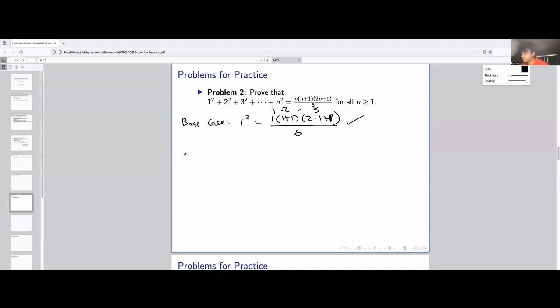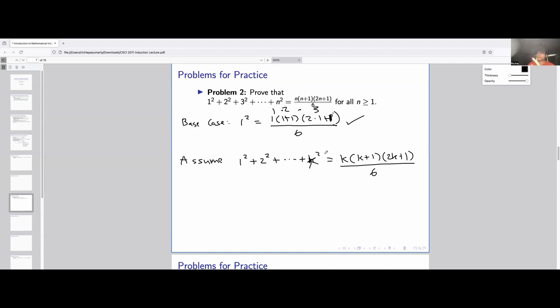Okay, so now I'm going to assume that it works for k. This should be a k, by the way, not an n. Okay, so now I want to show that the formula works for k plus 1.